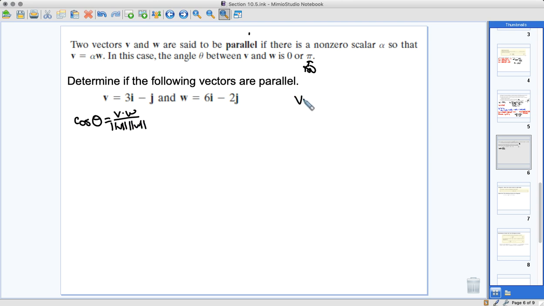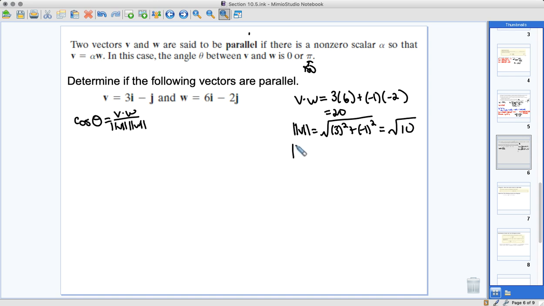So v dot w is 3 times 6 plus -1 times -2. So 18 plus 2 is 20. Magnitude of v is square root of 3 squared plus -1 squared, which is square root of 10. And then magnitude of w is the square root of 6 squared plus -2 squared, which is the square root of, so 36 plus 4 is 40.